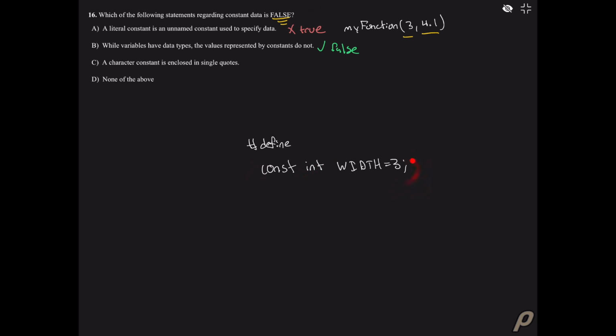This is probably the most concrete example of it, as we actually define the data type for this type of constant. Okay, and just to cover our bases, we'll check out C, and it says that a character constant is enclosed in single quotes.